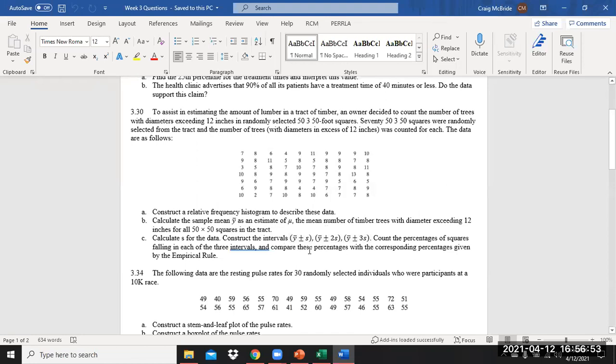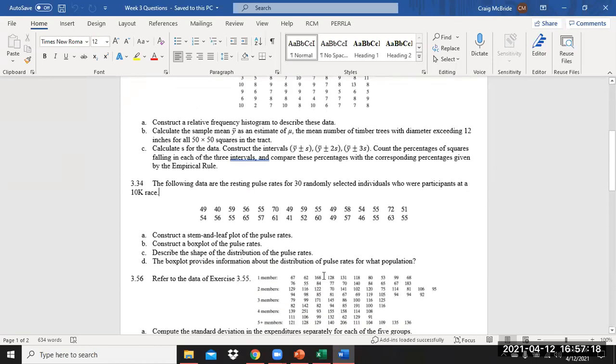All of this just says, take the mean and go plus and minus S. S is the standard deviation of our sample, and for the population we would use the Greek letter sigma. So the first interval is the mean plus and minus S, then the mean plus and minus 2 times it, and so on.